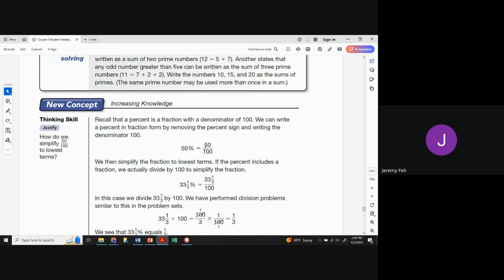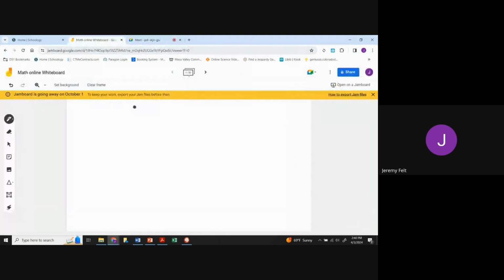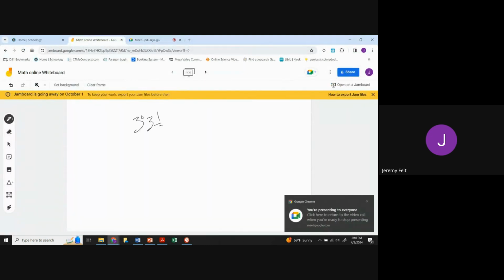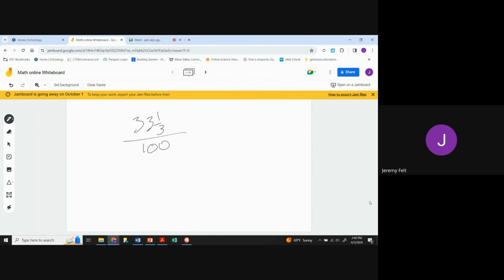Some aren't going to be as easy, like 33 and a third. Percent means per 100. Well, this is a complex fraction, so we can do this, but what we need to do is first convert this to an improper fraction.